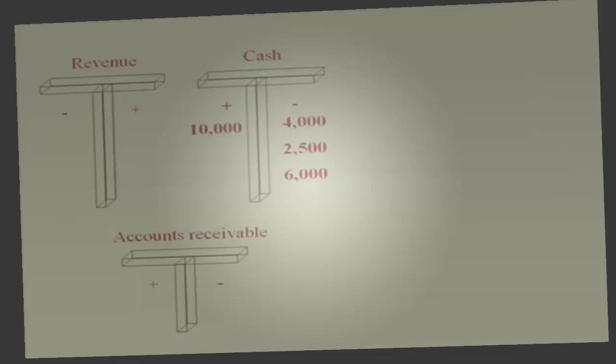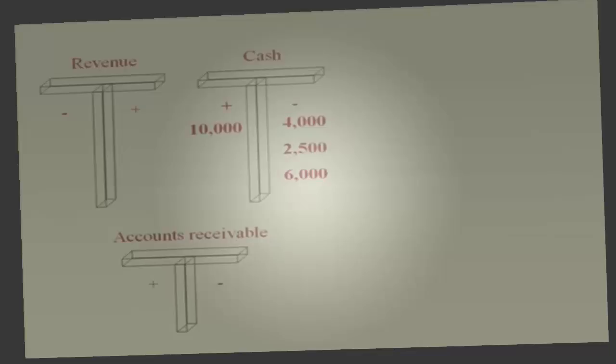Revenue is minus plus. Cash is an asset, plus minus. Accounts receivable is an asset, plus minus. Revenue increased $59,500, so you put $59,500 on the right.